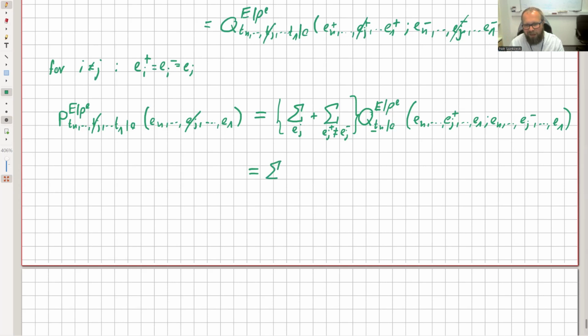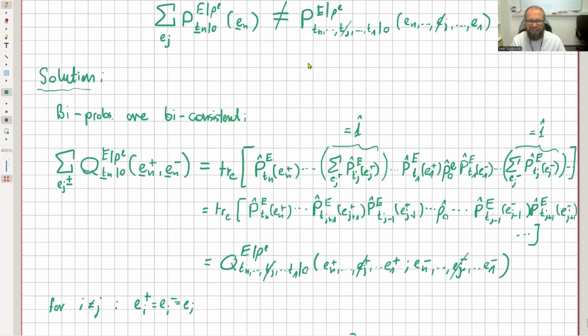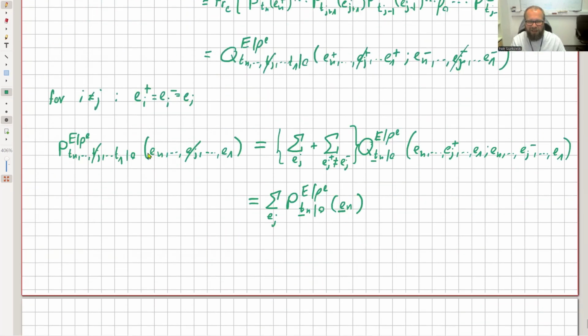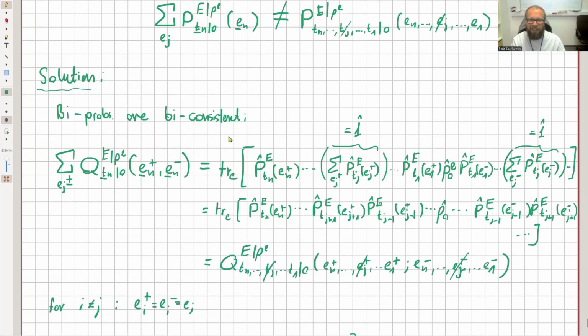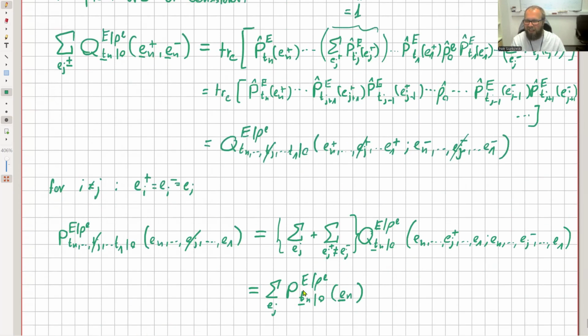So I get the sum over Ej of P E rho E, Tn 0, En. Okay, so this is the right-hand side of this equation, we have it here. So this is one side of the Kolmogorov consistency. Boom. And this is the other side, right?